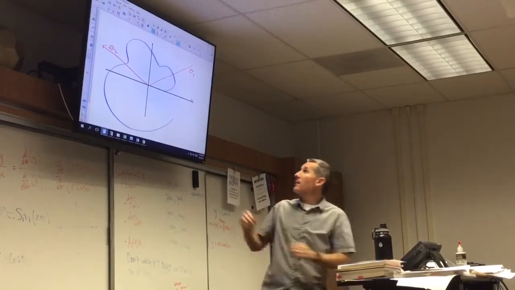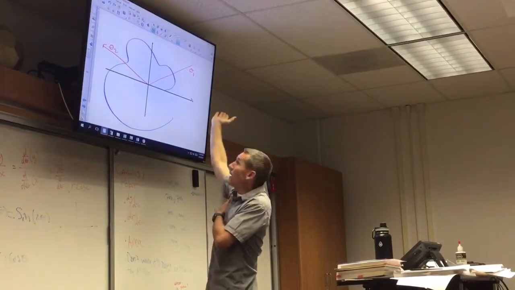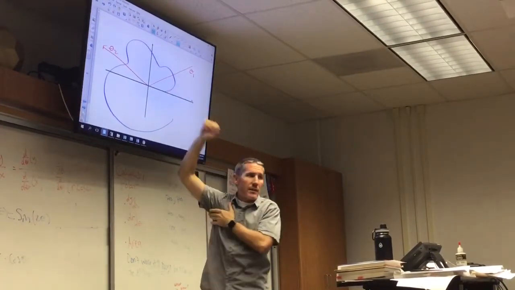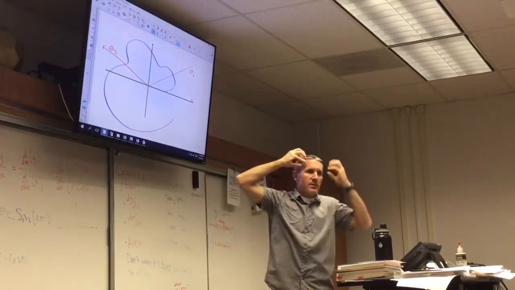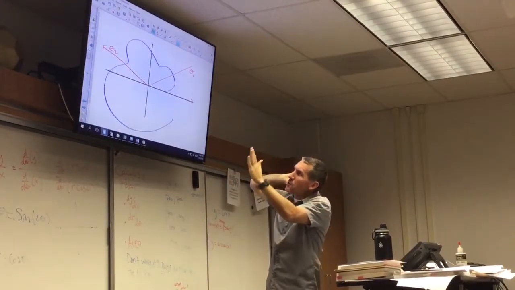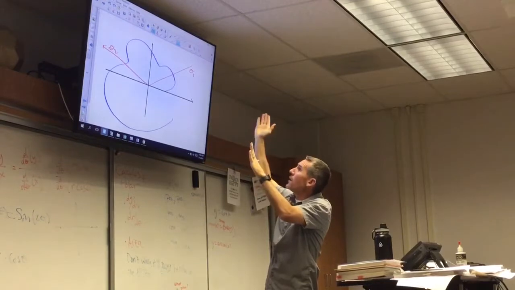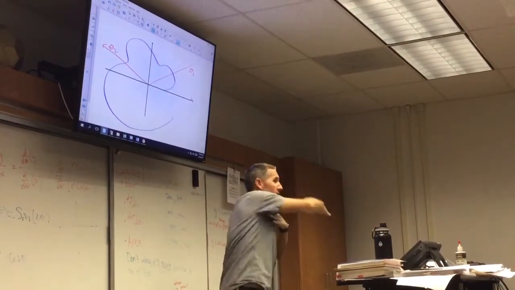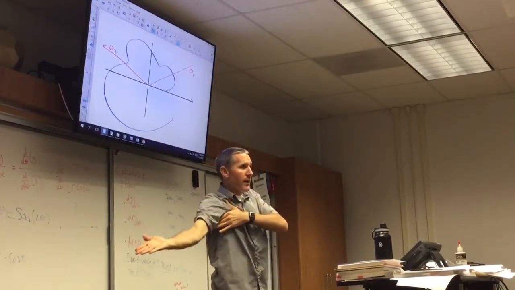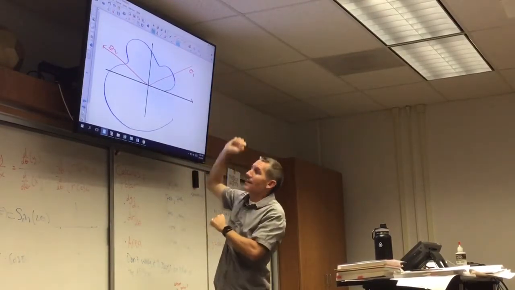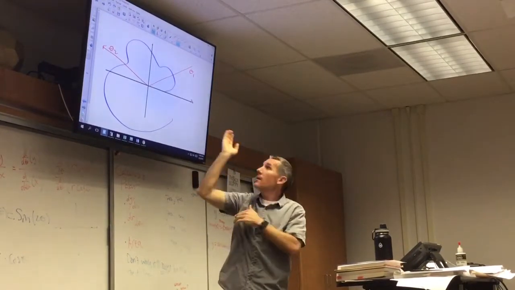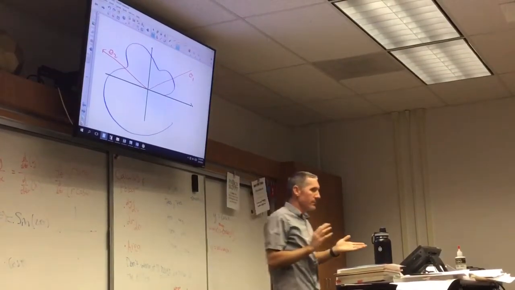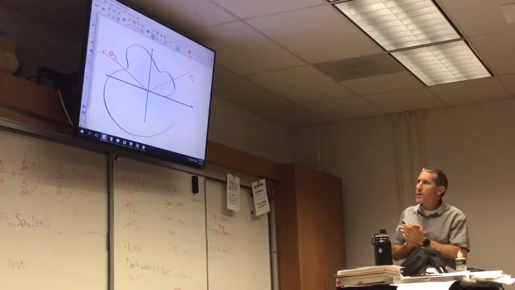So this is my initial theta value, and this thing is sweeping through until it gets to theta 2. Now, some people might say, but theta 2 is less than theta 1 because it's to the left. No, theta is sweeping through this way, and so theta 1 is the lesser of the two angles in radians, and theta 2 is the greater angle. Do y'all see that? Okay, so we're sweeping through.